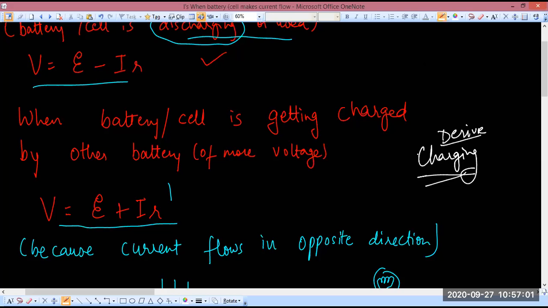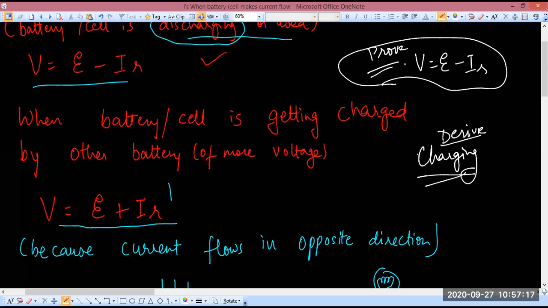Overall, we typically don't get questions like prove V equals epsilon minus IR.